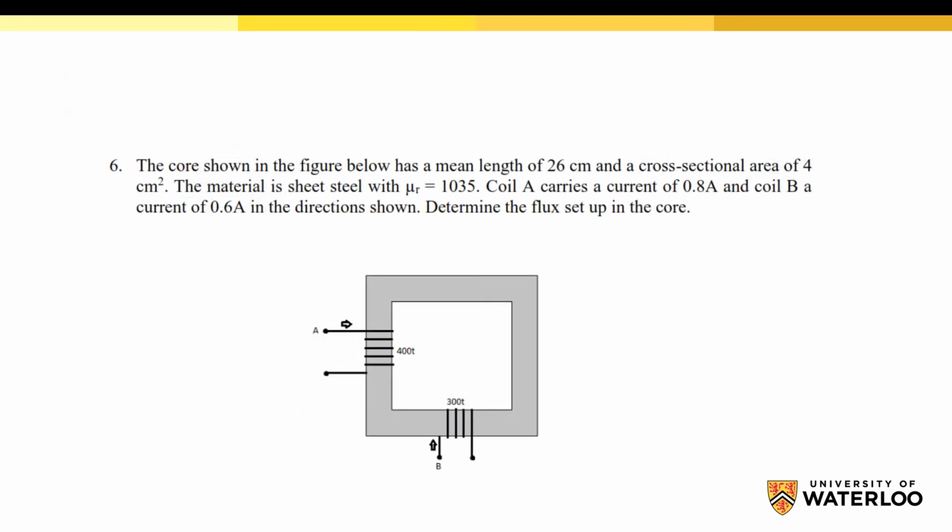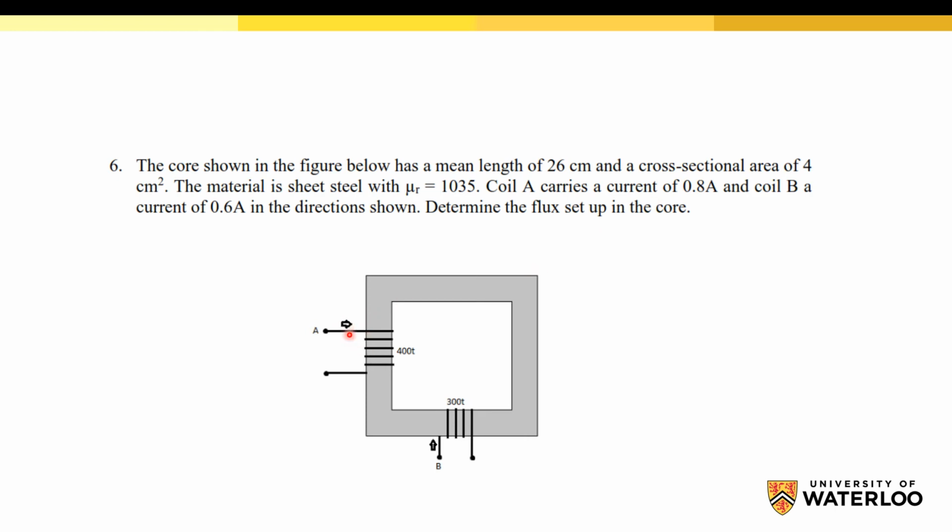For question 6, the core shown in the figure below has a mean length of 26 centimeters and a cross-section area of 4 centimeters squared. The material is sheet steel with a given mu r. Coil A carries a current of 0.8 amp.